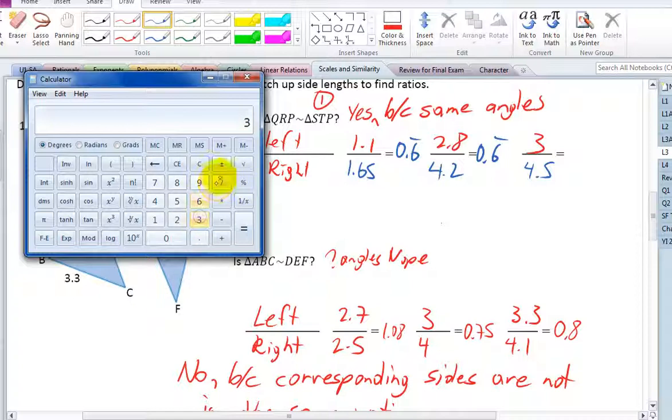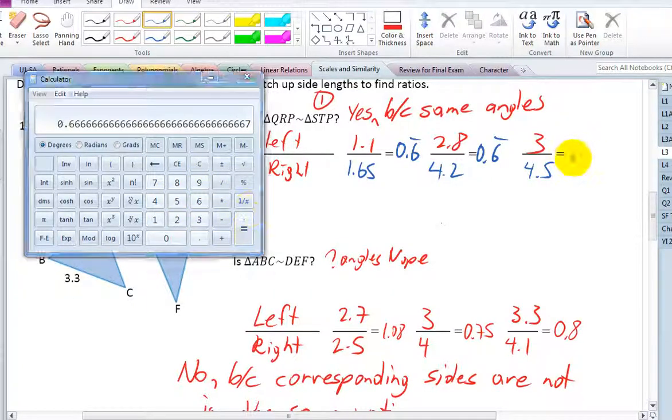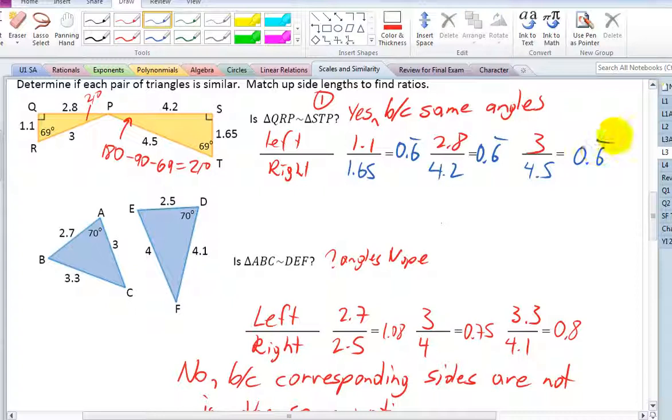And 3 divided by 4.5, 0.6 repeating. All the ratios are the same. So what's the scale factor? 0.6 repeating. They all increase by the same amount, or decrease, depending on which was your start and your finish. Any questions?